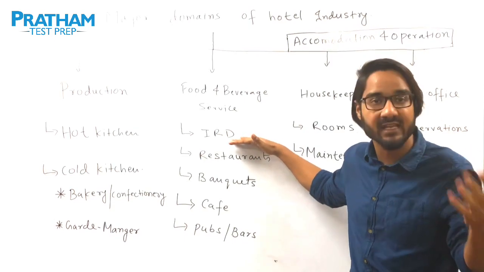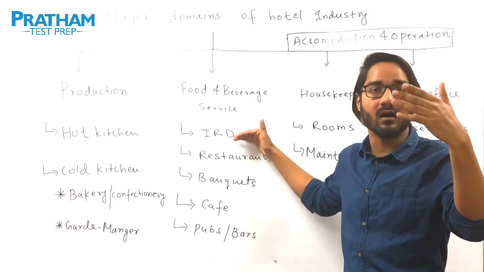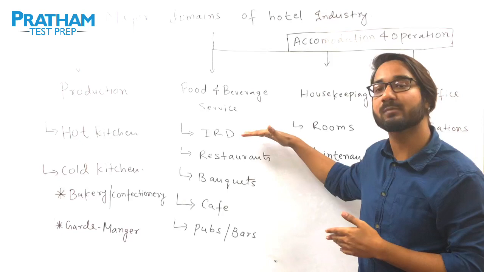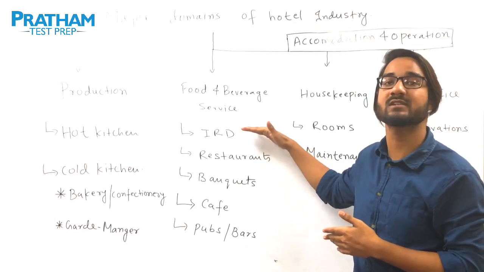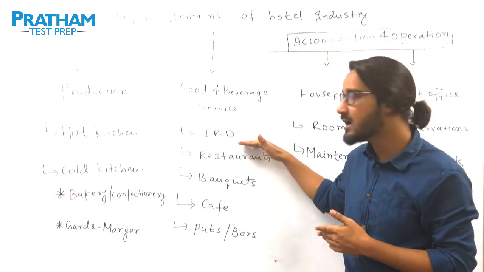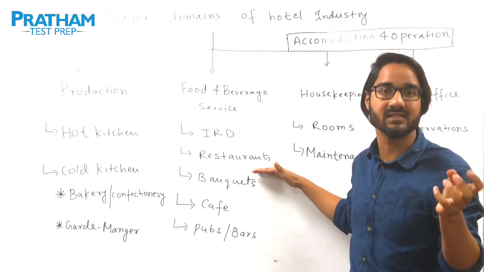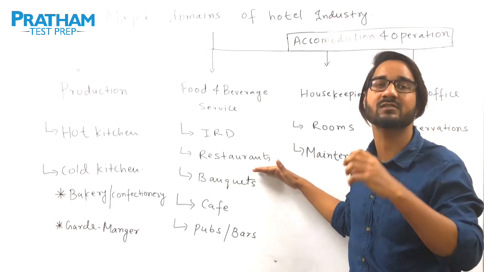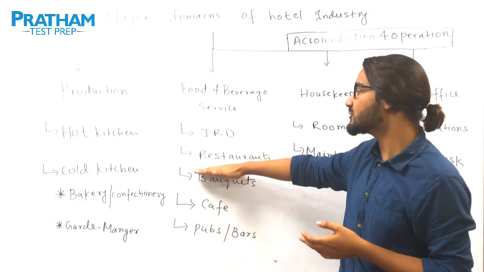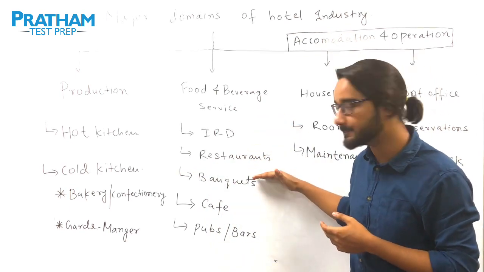The moment you check in at a hotel and place orders to the kitchen during your stay, those orders are taken and executed by the in-room dining department of the hotel. Our second is the restaurant. Let's say if it is ITC, their famous restaurants are Pan Asia and Dampukht and so on. Those restaurants also come under your food and beverage service department.